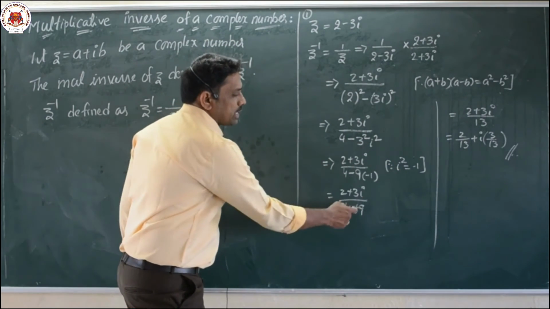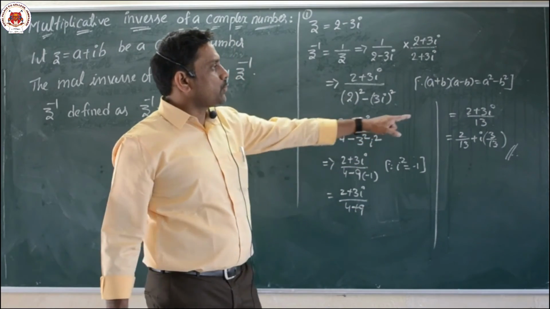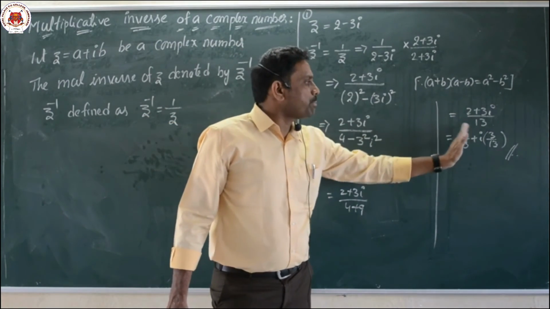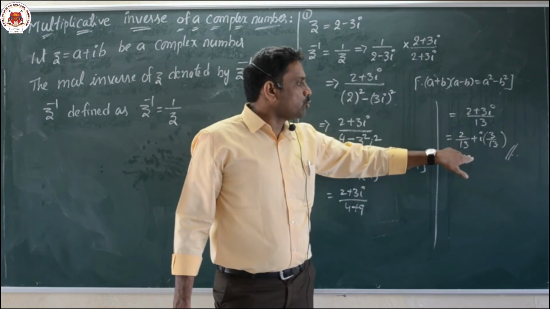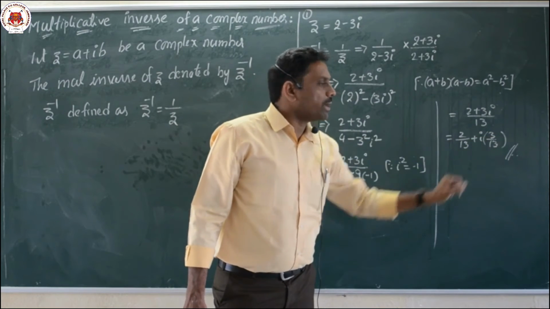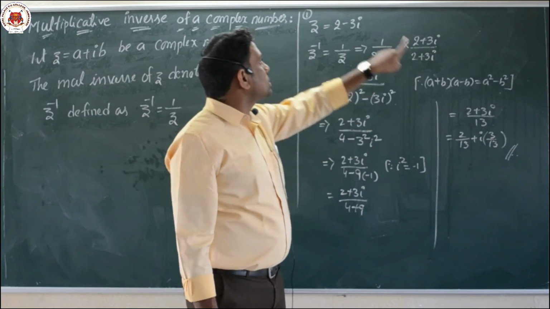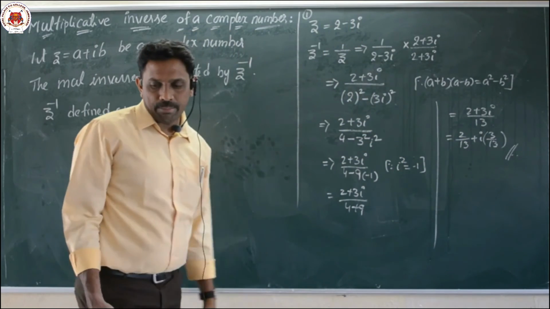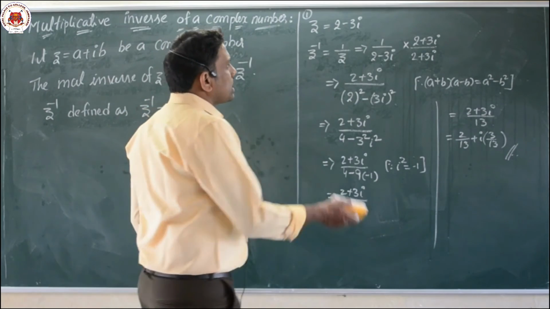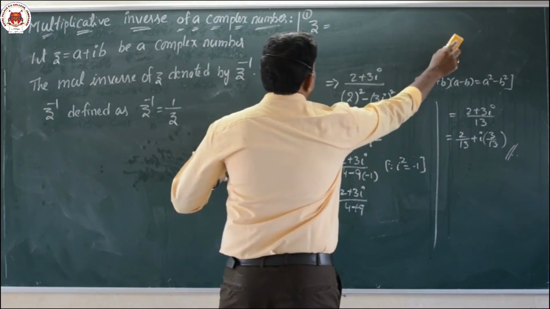Minus into minus is plus, so 9 plus 4, which is 13. Make it separate: the real part 2 by 13 plus i into 3 by 13. So this is the multiplicative inverse of this complex number. Then we'll go to another example. We'll take the second example on this model.